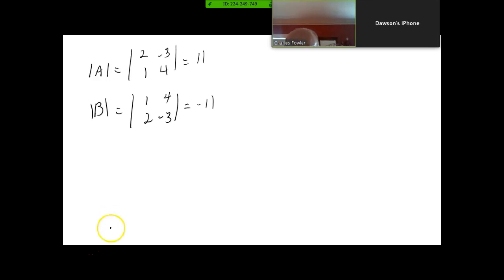Now, the B one. Different matrix A. 1, negative 3. 2, negative 4.